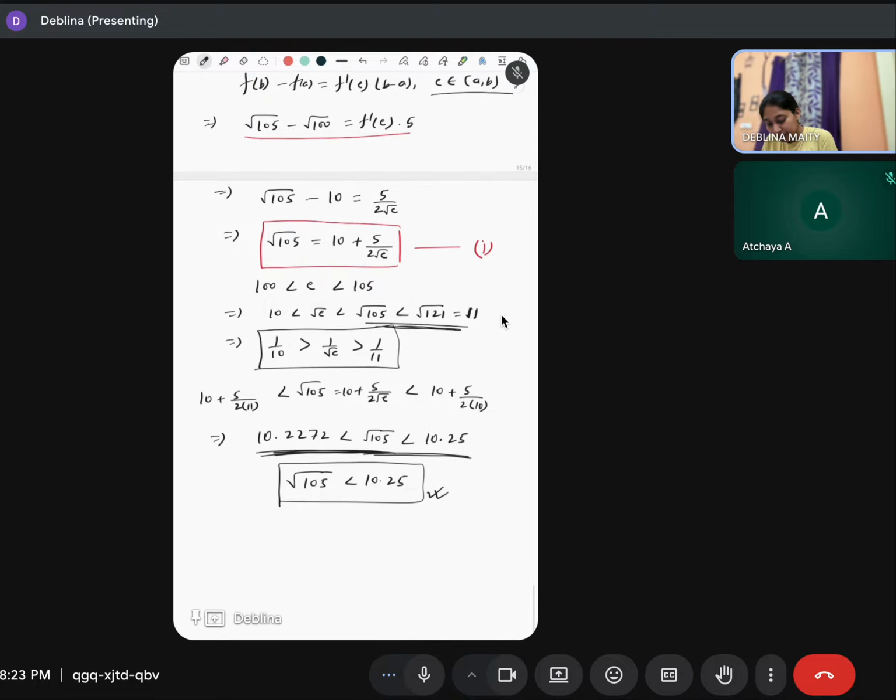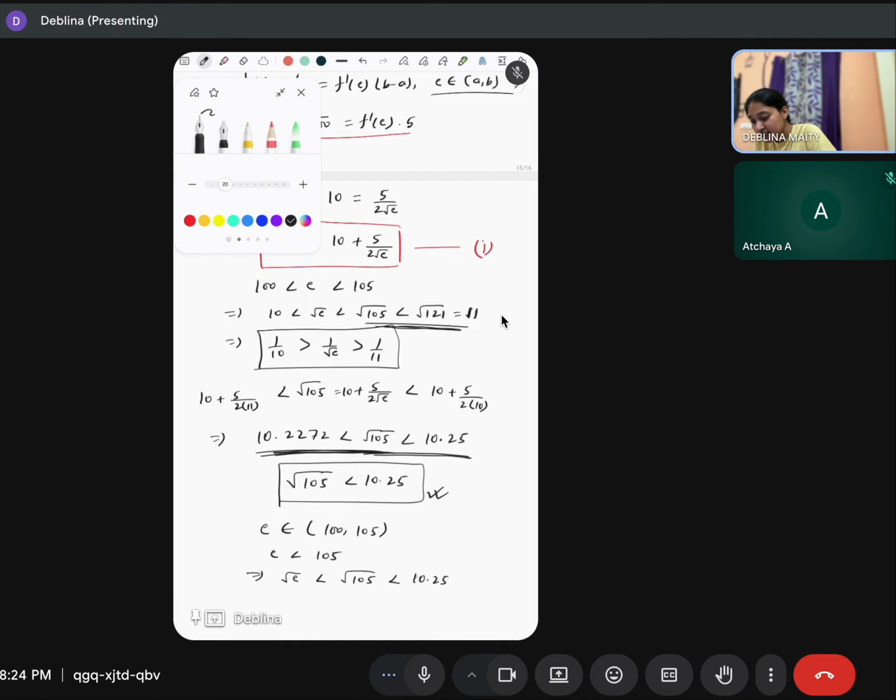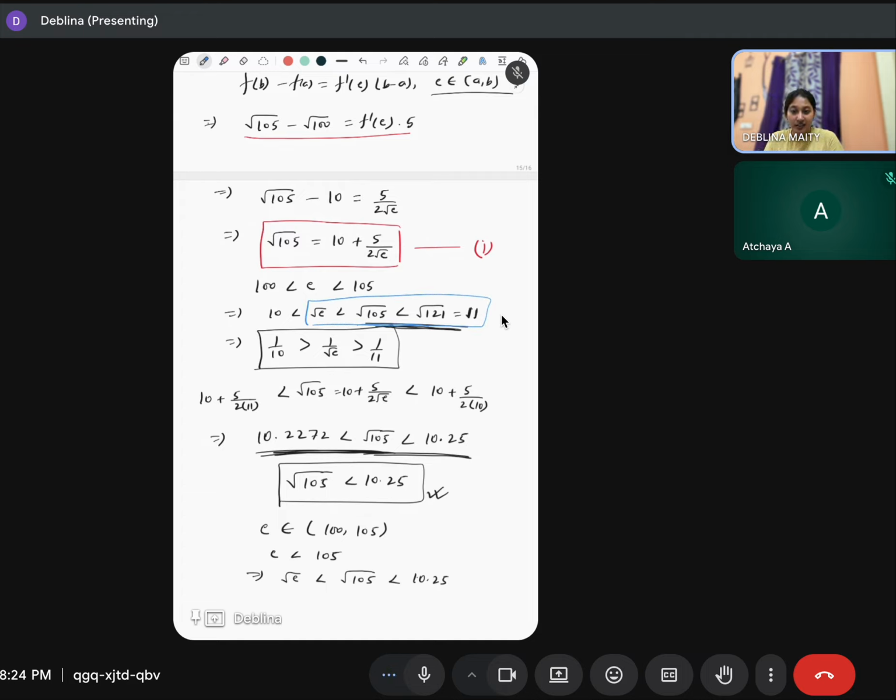How? So we have seen that c belongs to 100 and 105, right? So c is less than 105, and this means root c is less than root over 105, so root c is less than 10.25. So here we had chosen root c less than 11, and now we have found that root c is less than 10.25. So this number is better, right?